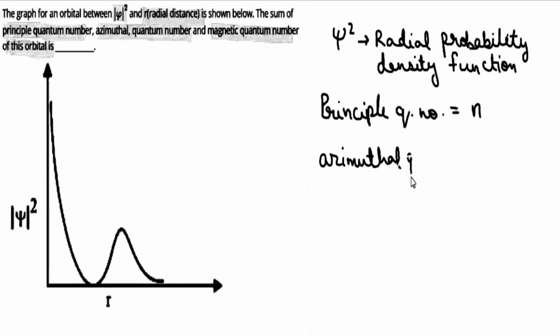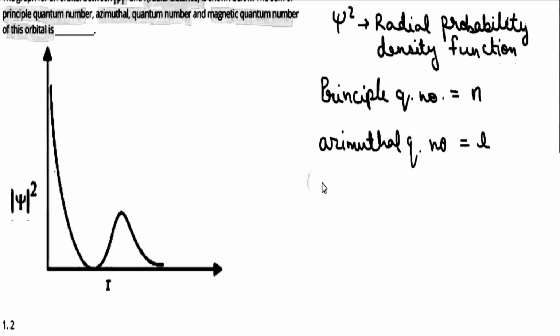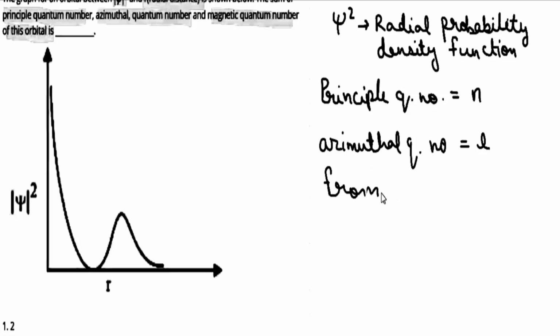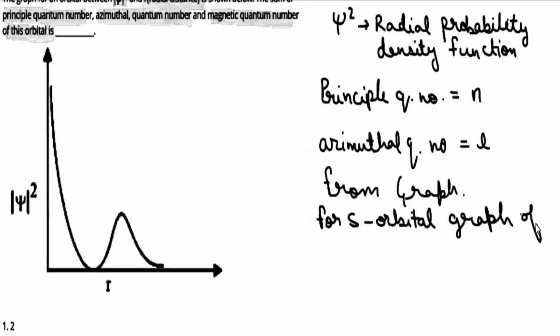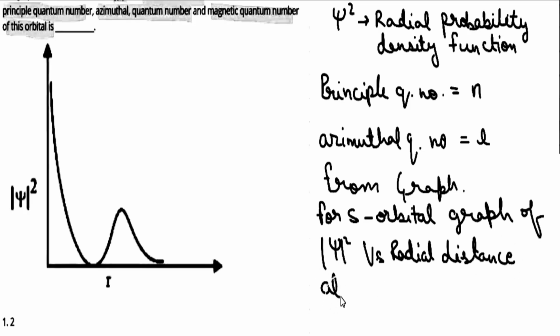Azimuthal quantum number is denoted by L. So from this graph, one thing that we noticed is that for s orbital, the graph of psi square versus radial distance always starts from the top.